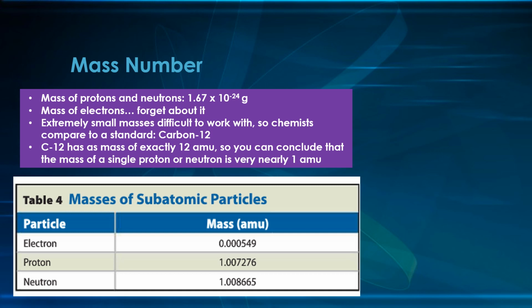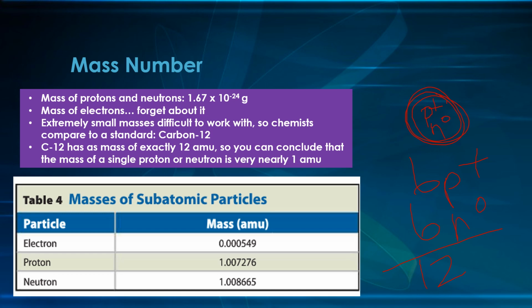It has a mass of exactly 12 atomic mass units. So because we know that the mass of an atom is just the mass of the nucleus, and that nucleus is only protons and neutrons, if it's carbon-12 and I have 6 protons and 6 neutrons, and I add that mass together, I get exactly 12 atomic mass units. We can conclude that the mass of a single proton or neutron is very nearly 1 atomic mass unit.